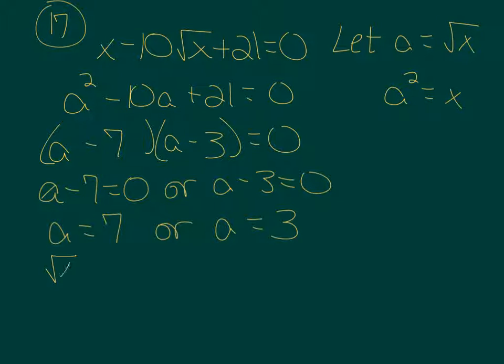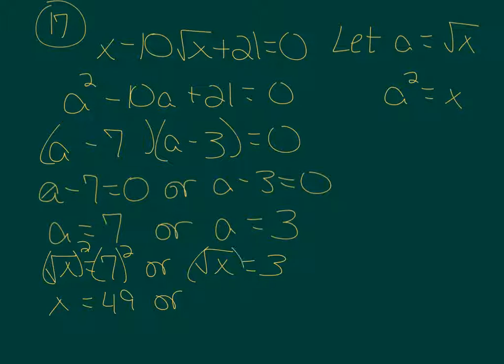So the square root of x is 7, or the square root of x is 3. Square both sides, and I get x is 49, or square both sides, x is 9. Don't forget to go back and do the x part. This is only part of it. You've got to resubstitute and find x, not a.